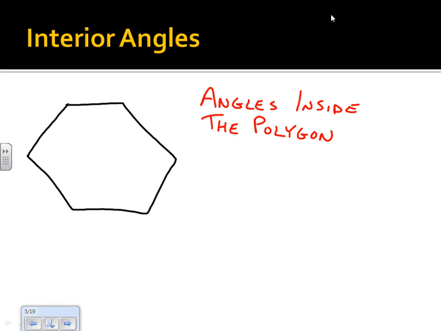So interior angles be here, here, here. It's just every angle as we walk around the shape. And it's always on the inside. So if you talk about an interior decorator, to decorate the inside of houses, right? So interior means inside.